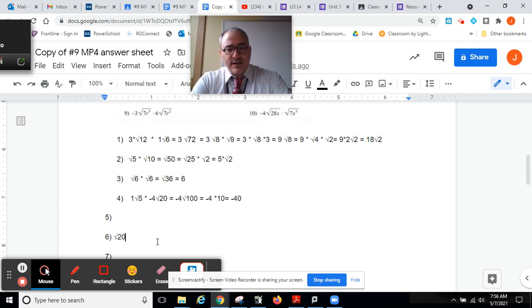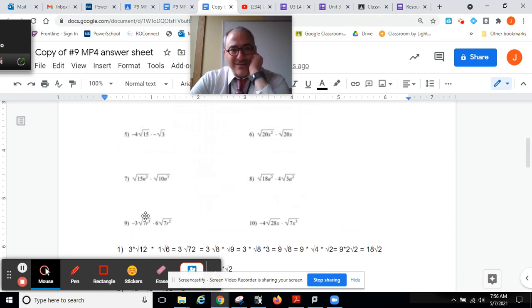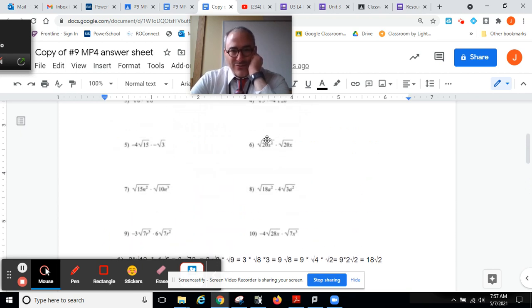Radical 20 x to the second power. Technically, when I'm working with radicals like this, this square root here might be interpreted as only applying to the number right next to it. So what I've got to do is put this whole thing in parentheses so that we know that the entire thing is under the radical.